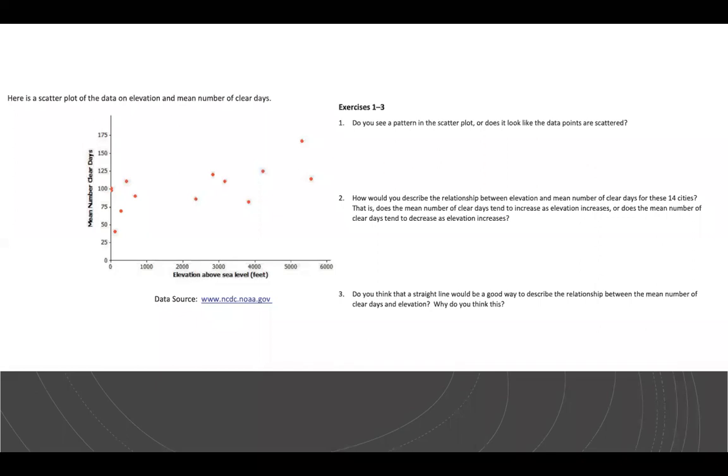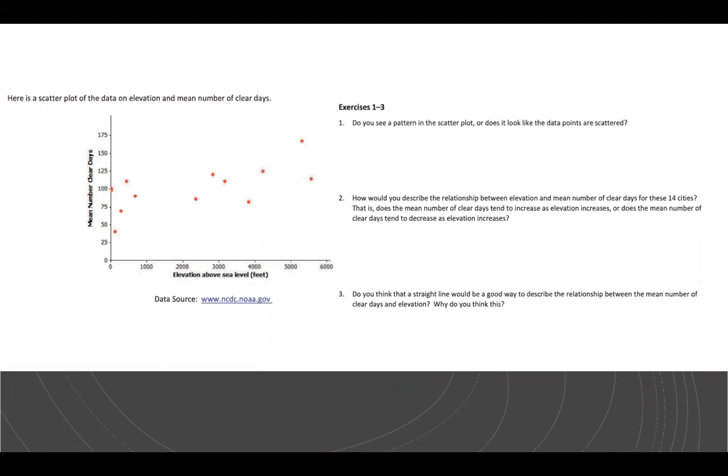So your job for number 1 again is to tell me whether you notice a pattern in this data. And if we look closely, what we're trying to see is if the elevation is lower, are all the dots on the left, or the average of the dots on the left, lower than the average dots on the right? If so, that would say the lower the elevation is, the fewer clear days there are.